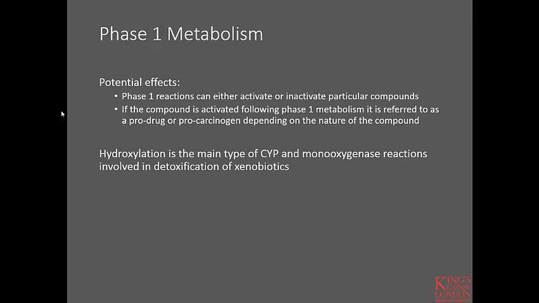So a particular compound can be activated following phase 1, and then it's referred to as a prodrug or procarcinogen, depending on what type of action it has and depending on the nature of the compound. Hydroxylation is the main step in phase 1 reactions, and monooxygenase reactions are involved in the detoxification of xenobiotics.